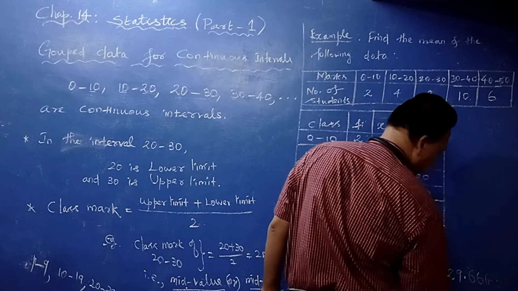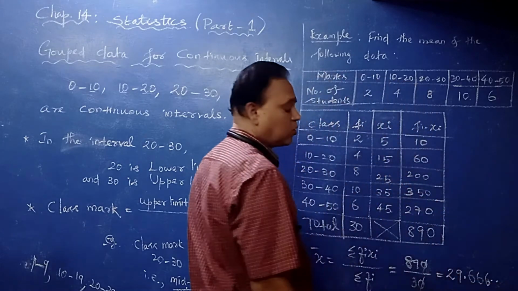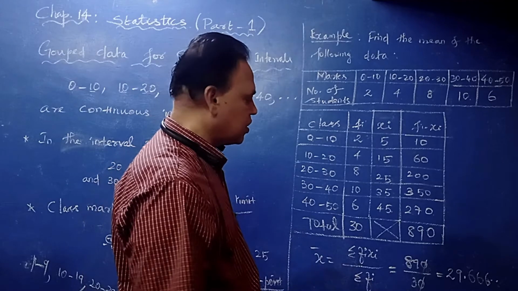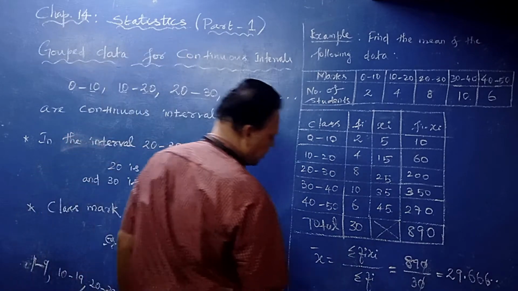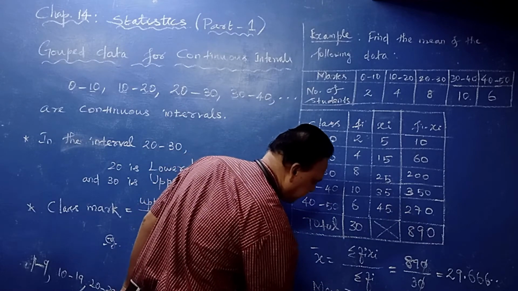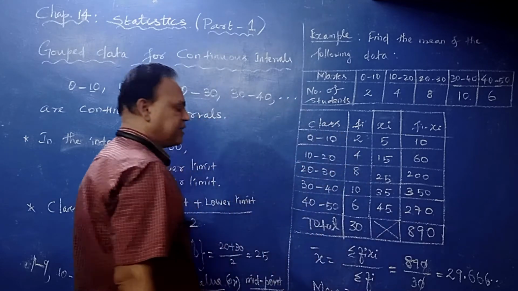The third digit is 5 or more than 5, so the previous digit you add 1. That means 29.67 is the mean. Therefore, the mean is 29.67. This is the answer.